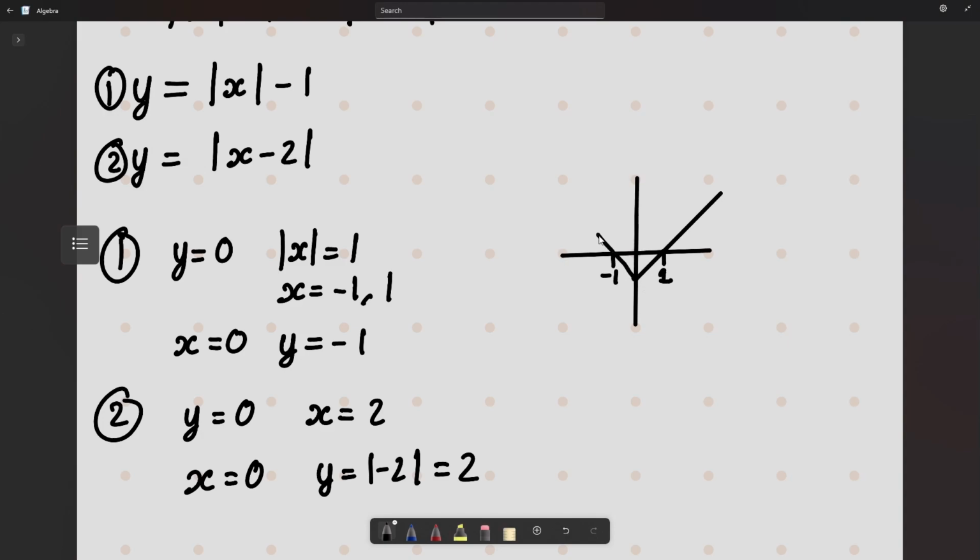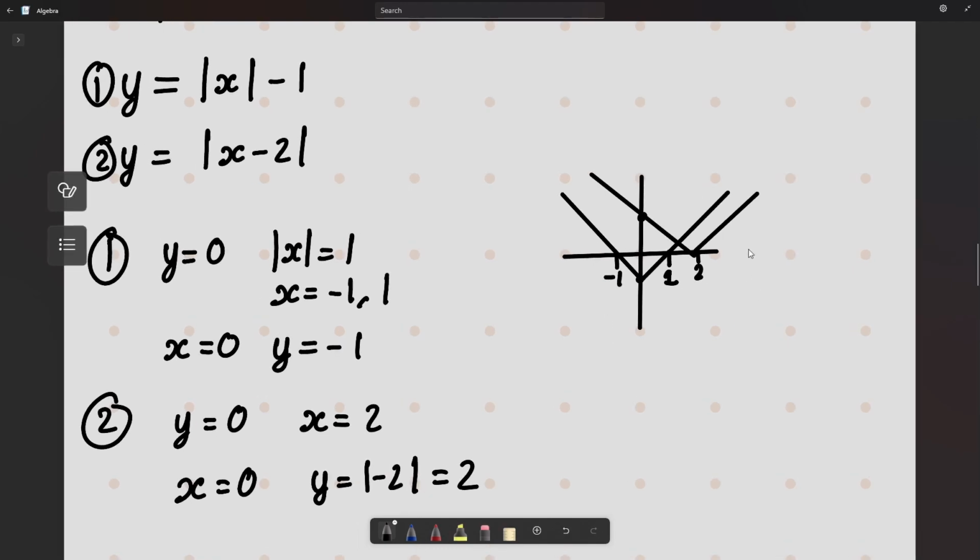diagram on the graph. And your second equation, when y is 0, x is 2, so somewhere here. And when your x was 0, your y was 2, so somewhere there. So this is your equation number 2. This is your equation number 1.